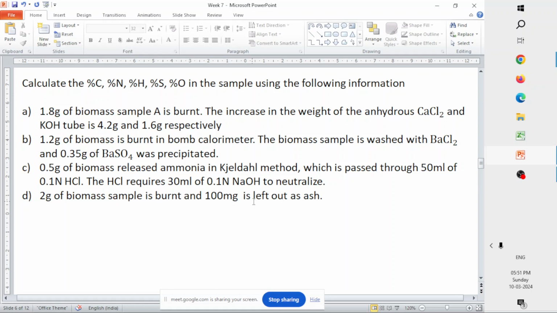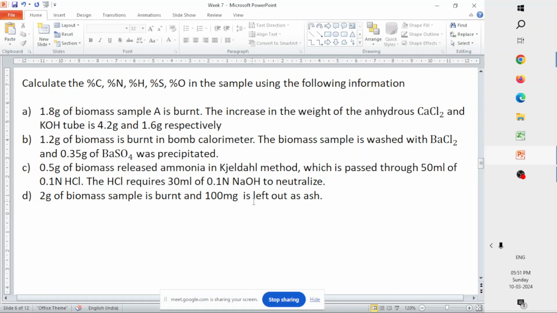Your next information is that some amount of the same biomass sample A is taken and burnt in a bomb calorimeter. A bomb calorimeter is an instrument used to evaluate or measure the calorific value of your biomass sample.